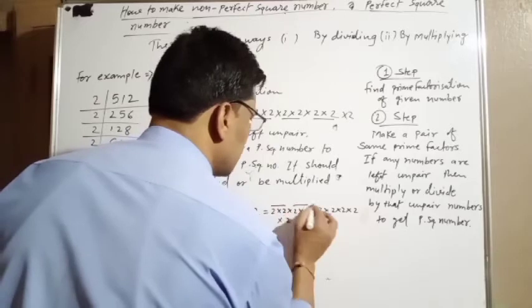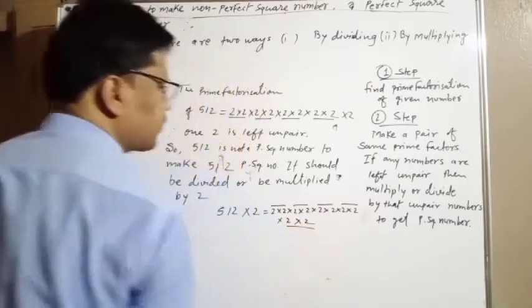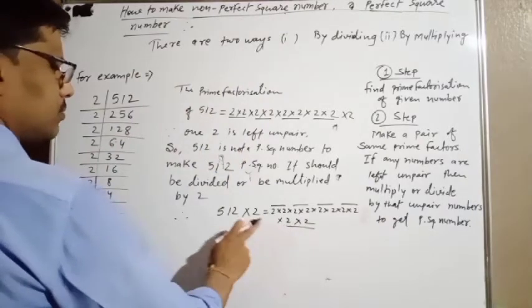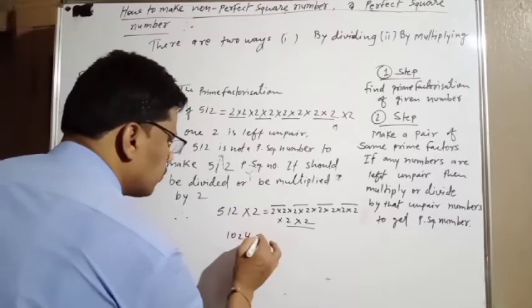One pair, second, third, fourth, and this fifth. We get the fifth pair. It becomes 512 multiplied by 2, so it becomes 1024.